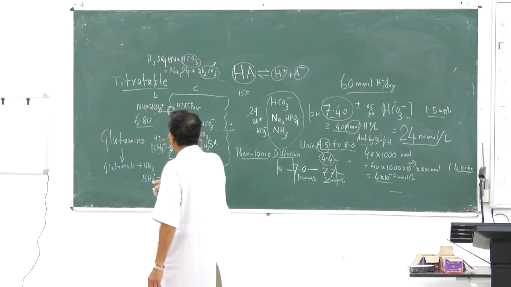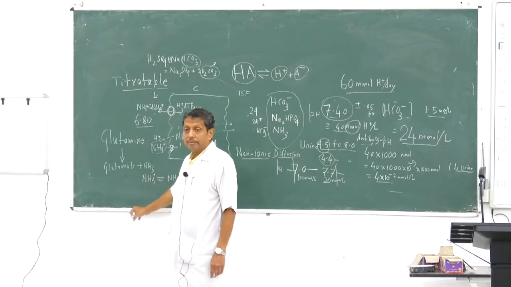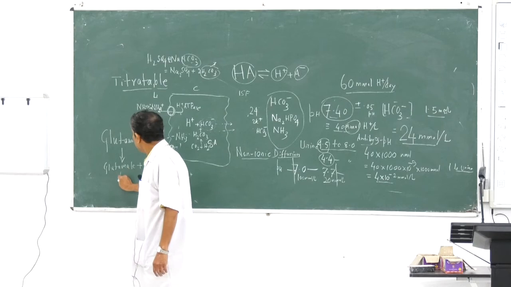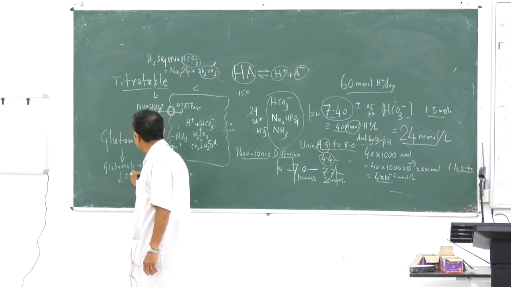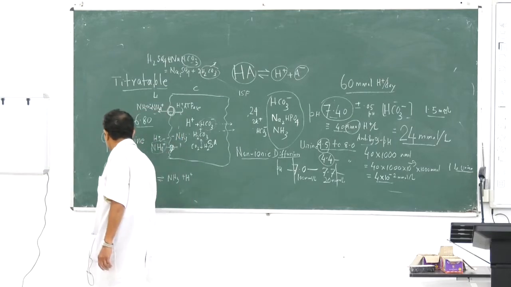Now this glutamate is produced with the help of glutaminase, and it is acted upon by the enzyme glutamate dehydrogenase to give alpha ketoglutarate.